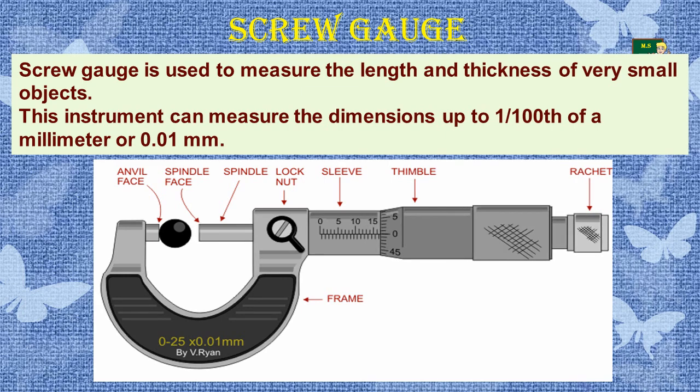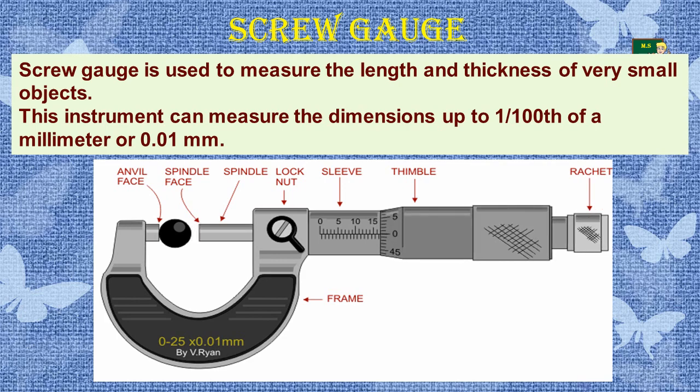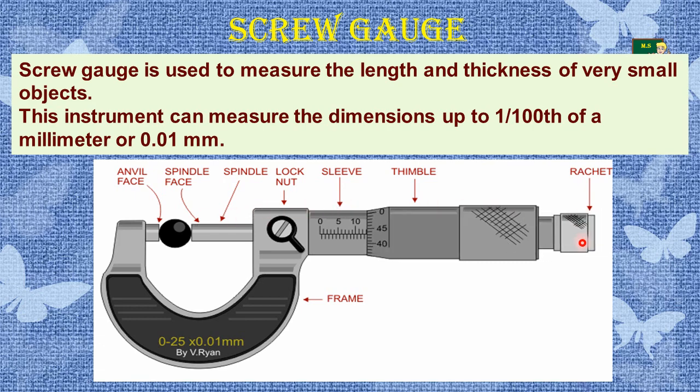It is just opposite to the tip of the screw, and the screw head is provided with the ratchet arrangement. This is the ratchet arrangement. It is used for a safety purpose: the ratchet is a safety device to prevent the user from exerting undue pressure.